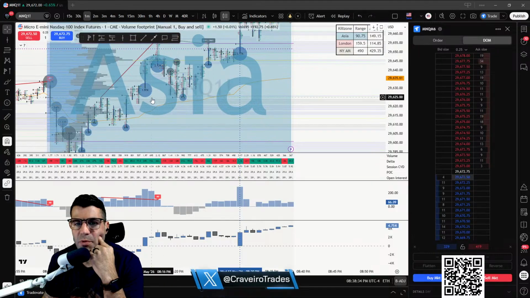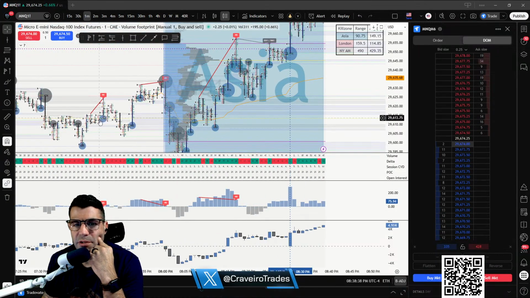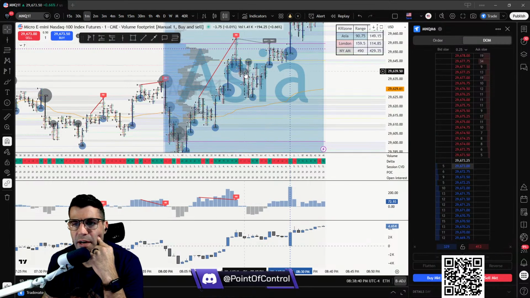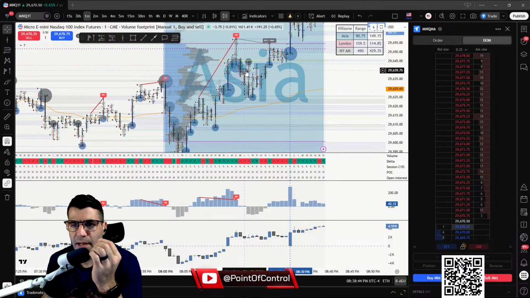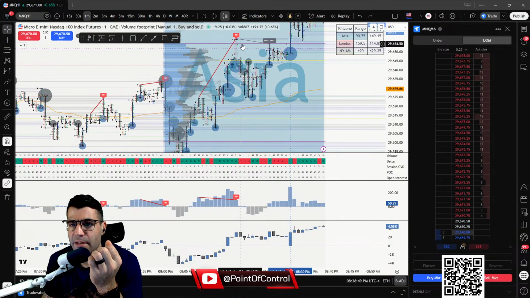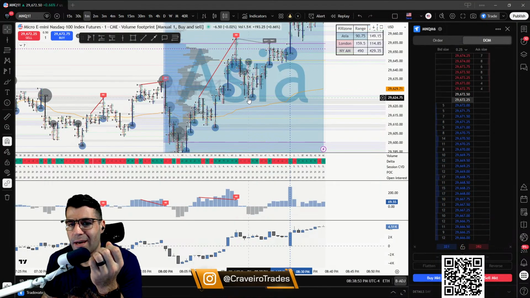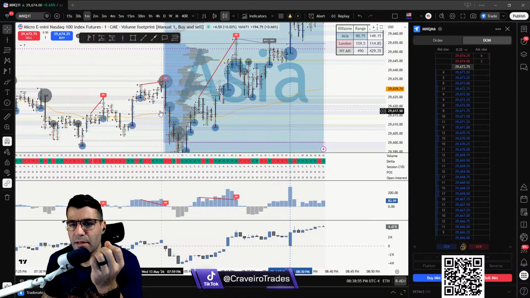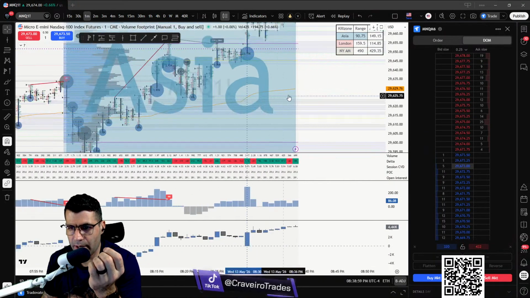I'm sure session point of control was probably lower with this accumulation and accumulation over here prior, and I bet you it has adjusted up as this bullish price action has continued. But the real trade was probably when we tagged value area high right here, right at 815, and punched on down to these consolidation levels. I'm willing to bet that those held the point of control prior.